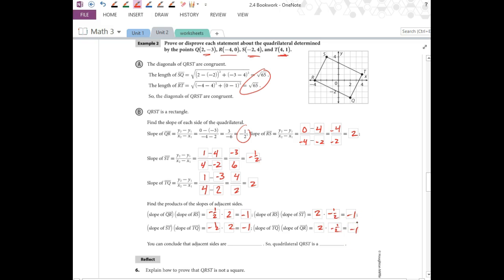Okay, so all of the angles are right. So what can we conclude? All the adjacent sides are what? Perpendicular. Adjacent means next to. So the quadrilateral is a rectangle. Nice.